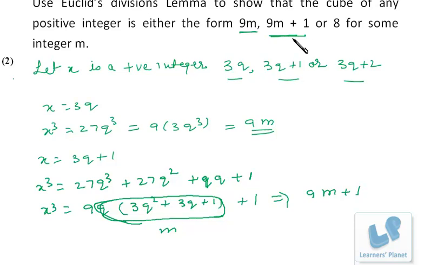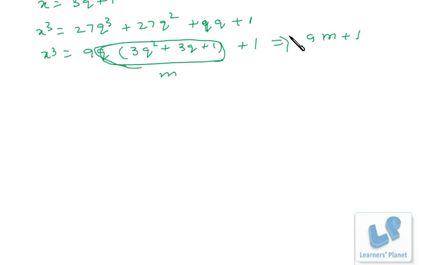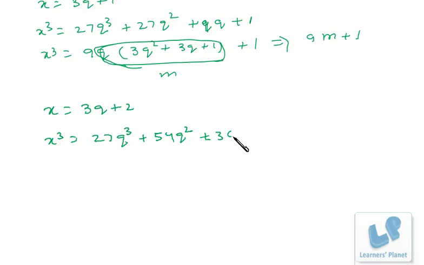Similarly, let's take up the third case, when x is equal to 3q plus 2. So x cube will be (3q plus 2) whole cube, that is 27q cube plus 54q square plus 36q plus 8. I take 9 common, so we get 9 times (3q cube plus 6q square plus 4q) plus 8.